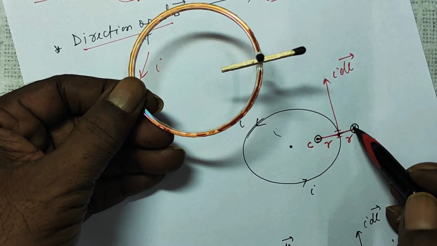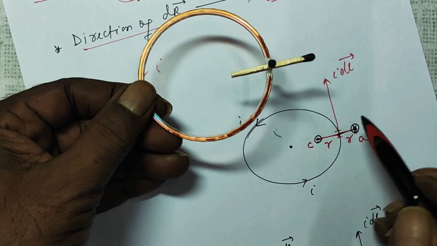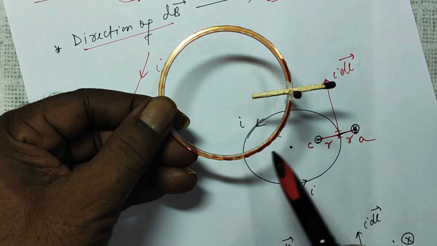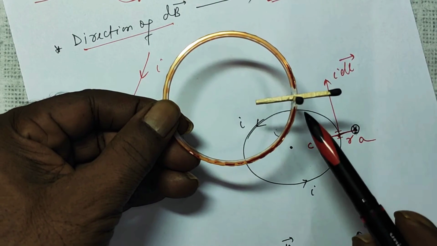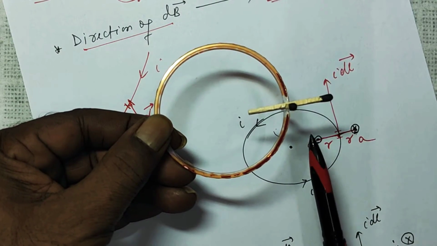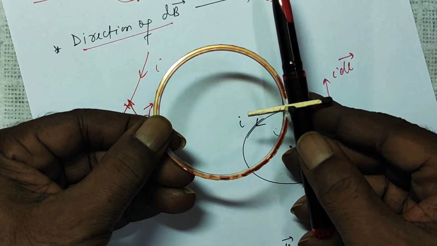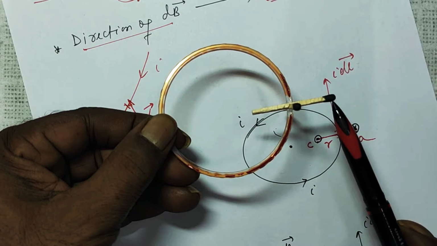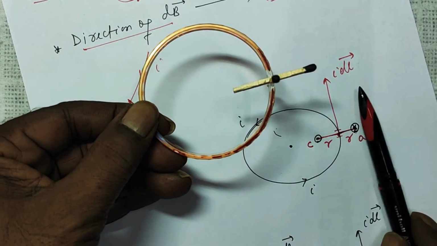I have a point here at a distance r. I have taken Idl here. This is the circular wire carrying current. Here Idl is pointing to this side, tangent to it. This point is A at a distance r in the plane of it.